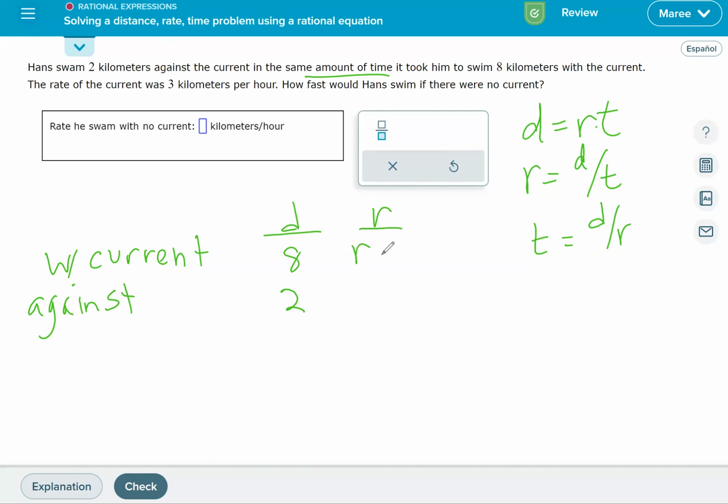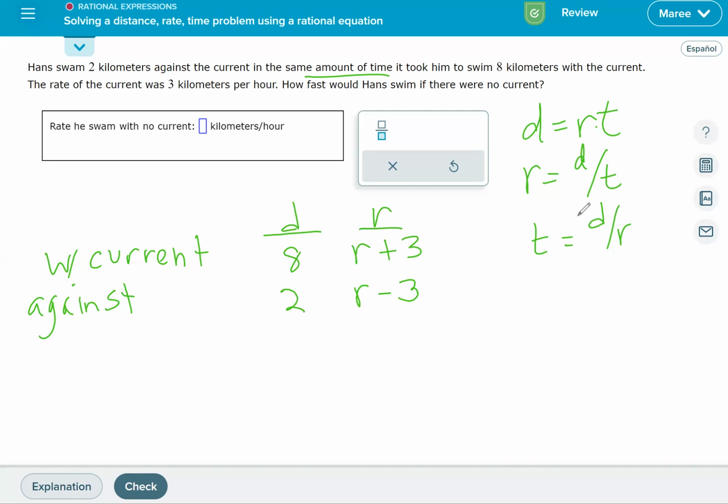With the current, we're going to add the current amount, which is 3. Against the current, we have to take his rate with no current minus the actual current of the water, because if the current is going 3 kilometers per hour, then his speed will slow down by that amount.